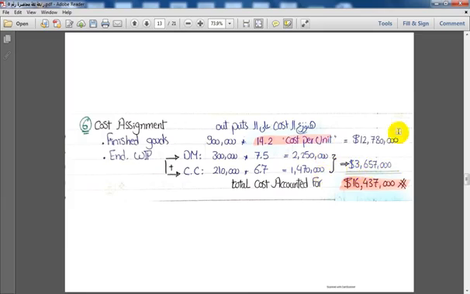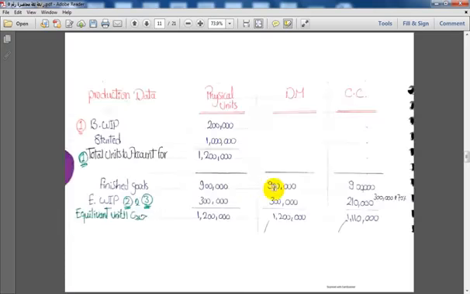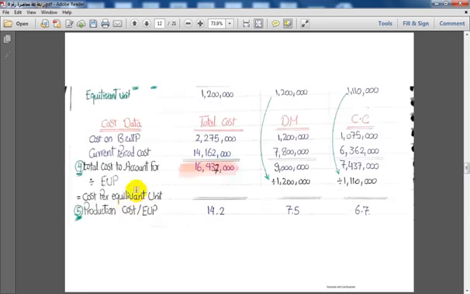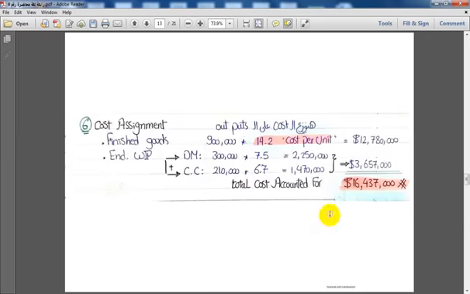The sum of cost of finished goods plus cost of ending work in process equal total cost accounted for. The total cost to account for from step number 4 must equal the total cost accounted for.